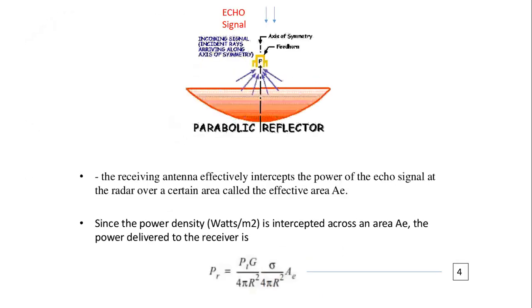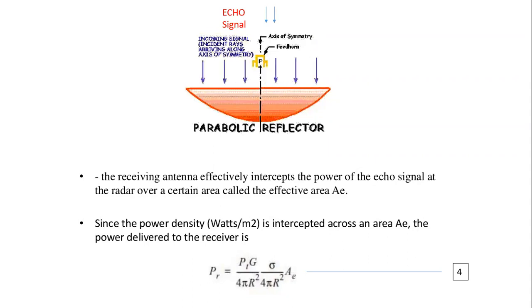Now, what we said is that when this echo signal was falling onto that antenna, we know that the shape of the antenna matters a lot. As we said, this curvature shape of the antenna will help signals to get focused onto the feed. So that is what happens. This receiving antenna intercepts the power of the echo signal that has been received.